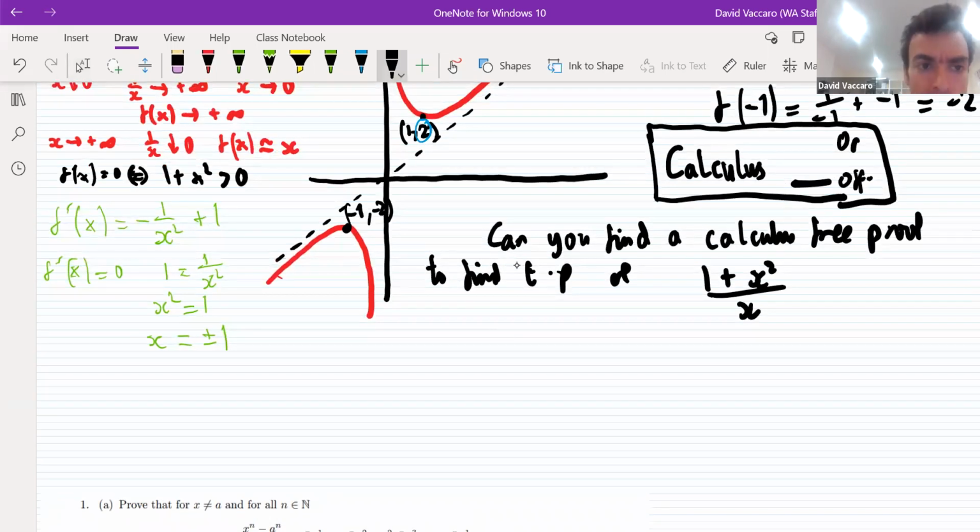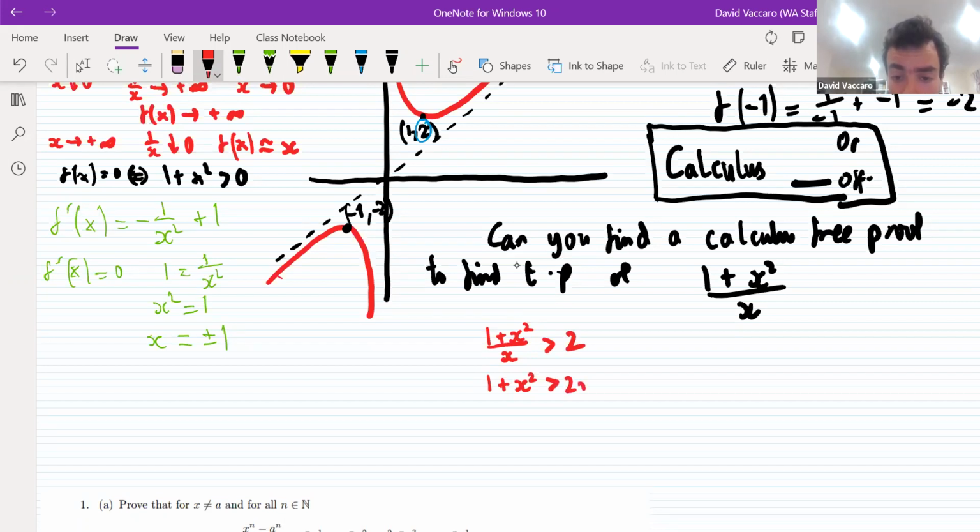I'll write this in red because this is, wrong is too strong a word, but this is kind of wrong. So I want to prove 1 plus x squared over x is bigger than 2. Okay, I know that x is bigger than 0, so I write 1 plus x squared is bigger than 2x.